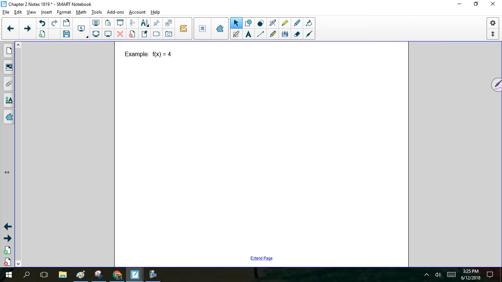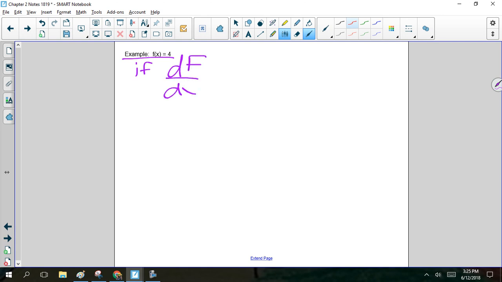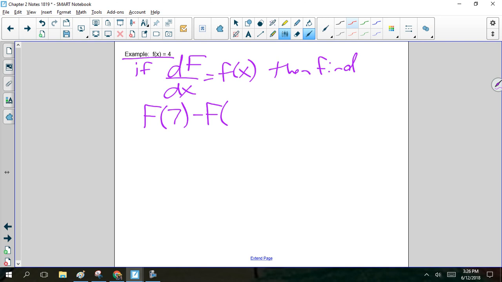So, same example. Suppose f of x is 4. If the derivative of capital F of x equals f of x, then let's find capital F of 7 minus capital F of 2, how about?